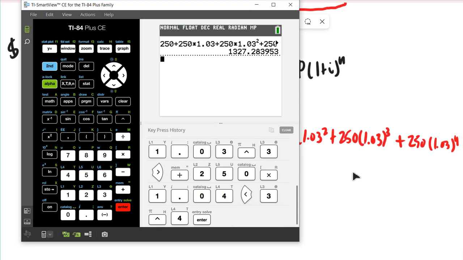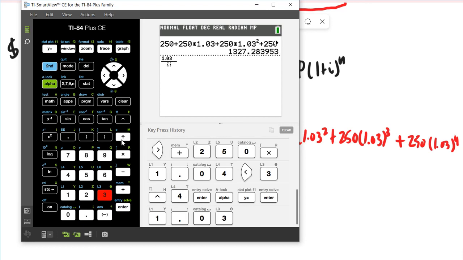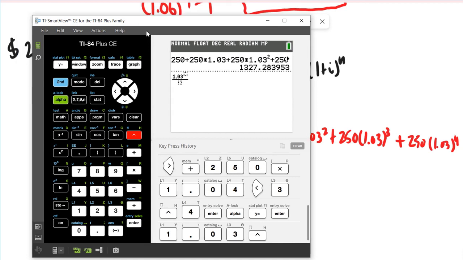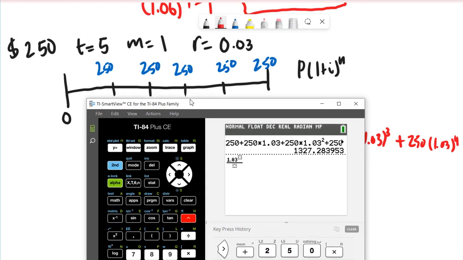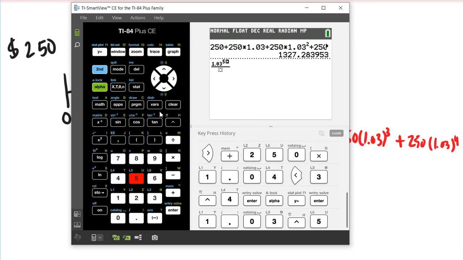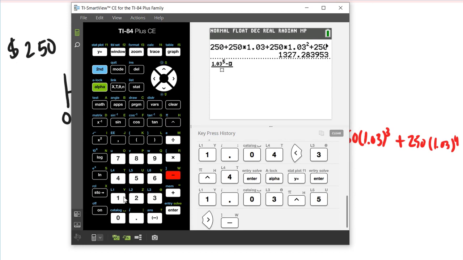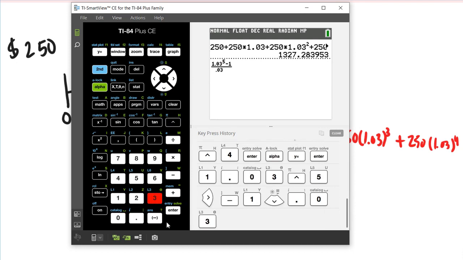Okay, so let's see. How do we do this? How about this? 1.03 has to be raised to the power. It was done for 5 years, so now it's raised to the 5th power. Put minus 1 and just divide by 0.03, right?